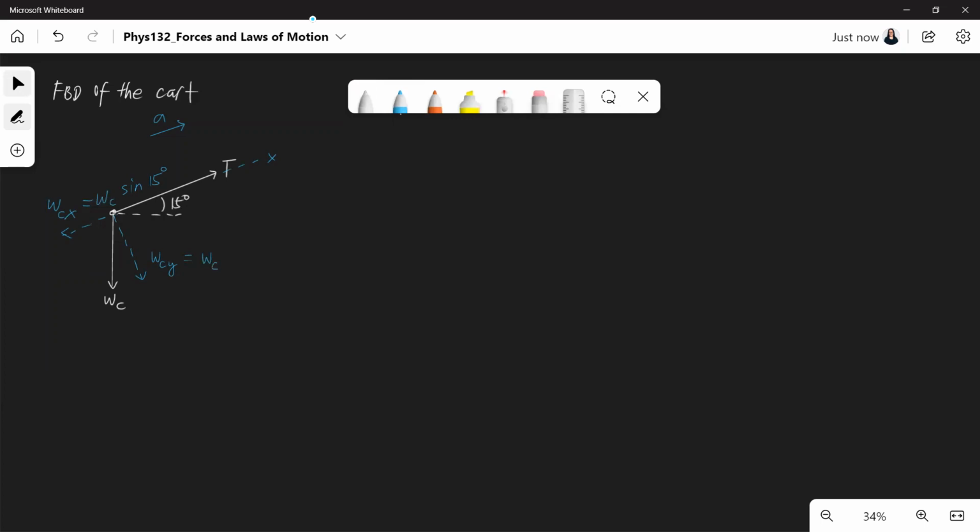So we use the cosine component of the angle. Take note that that 15 degrees is the same 15 degrees here. That's why we use the sine component for the x component of the weight, because the angle is measured from the vertical, quote unquote vertical, if we are rotating the axis, or the axis perpendicular to the surface of the incline.